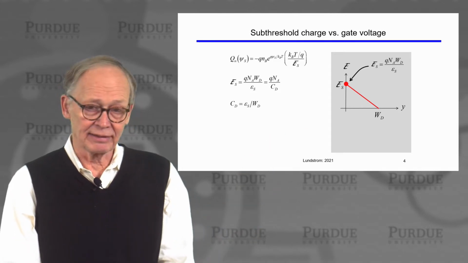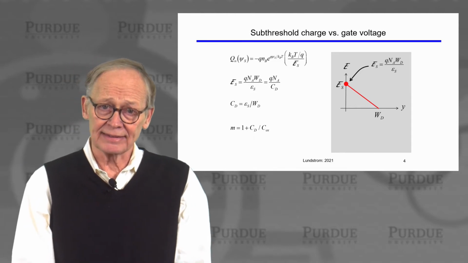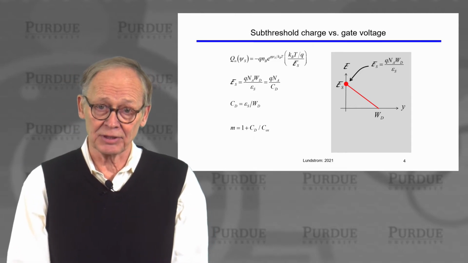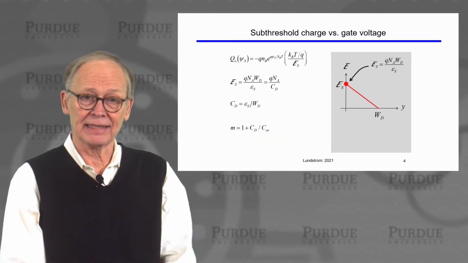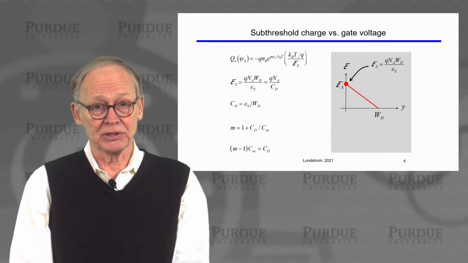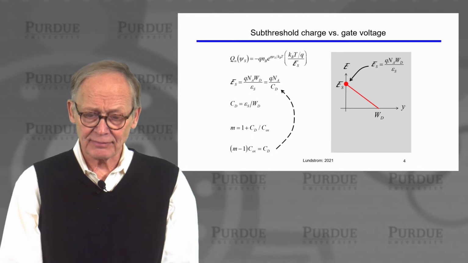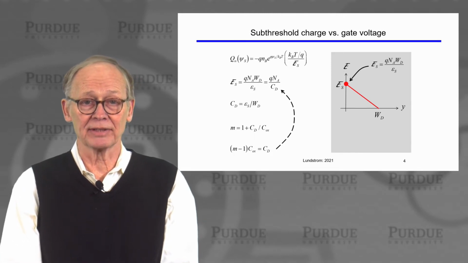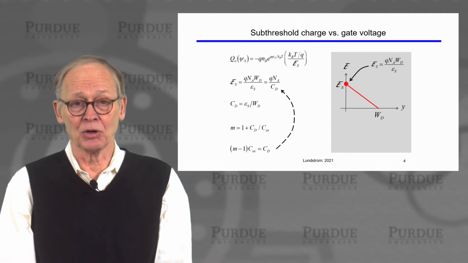So we can write the electric field in terms of the depletion capacitance. We can also recognize then that this parameter M in our simple two-capacitor model is related to the depletion capacitance. So we can solve for the depletion capacitance in terms of that parameter M. We can put that back in the expression for the electric field, and then we can put that expression into the mobile charge.